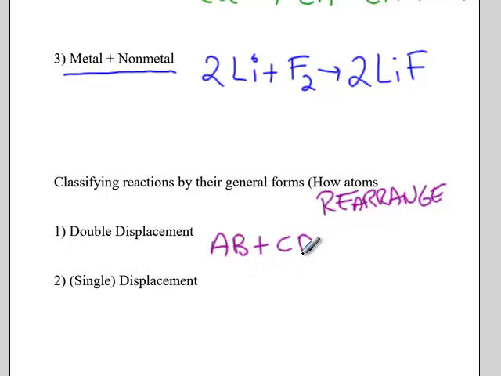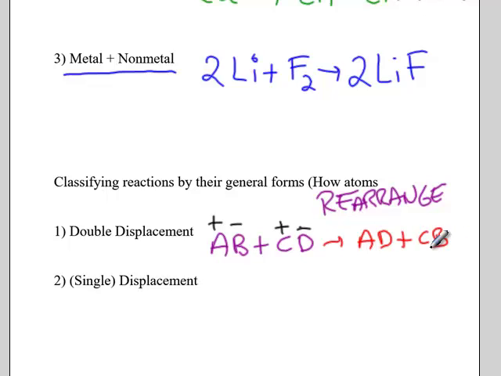So I'm just calling these A, B, and C, D. We know cation is always first, anion is second. So when we write the products, we're going to pair up the positive A with the negative D. And when I'm showing it in this general form, I'm not putting the subscripts because I don't know exactly what the charges are. So the general form is we have the new product AD and CB.